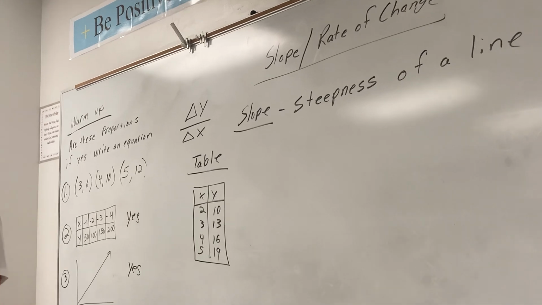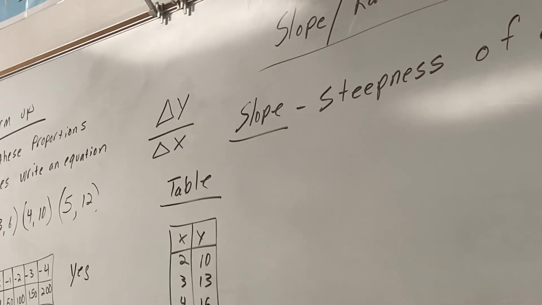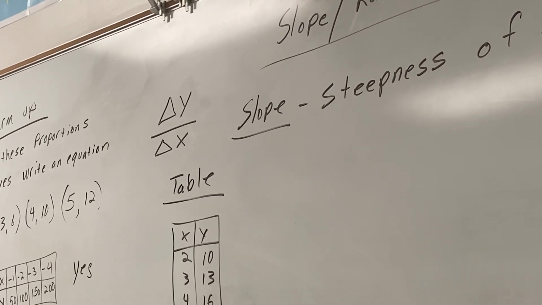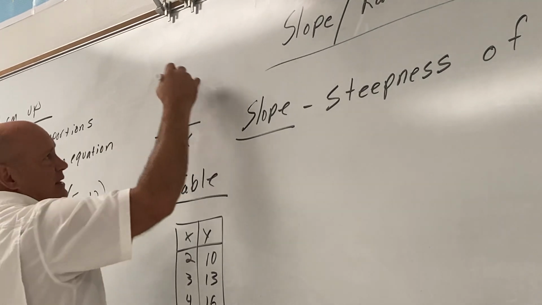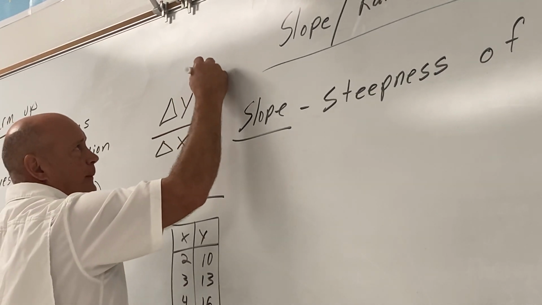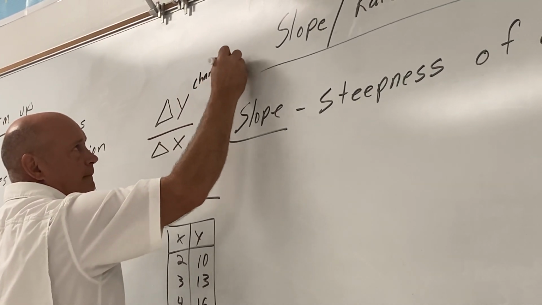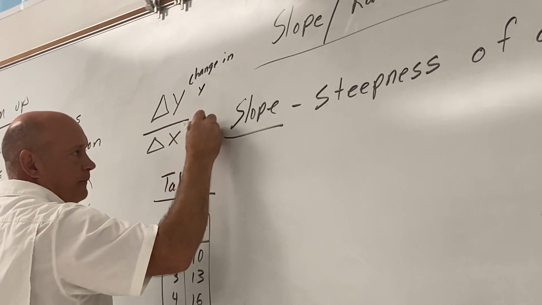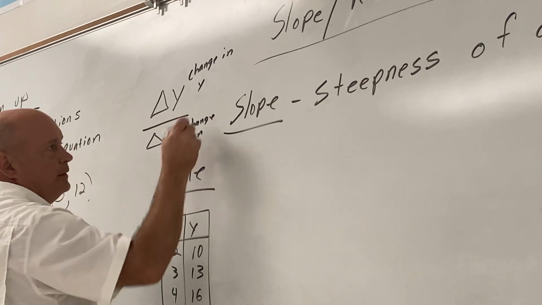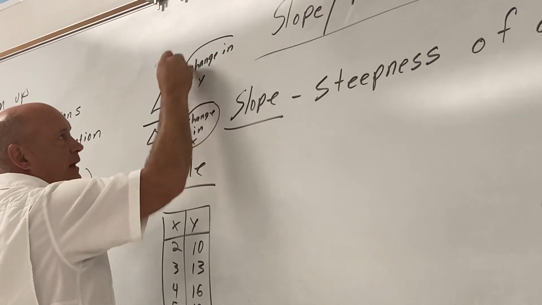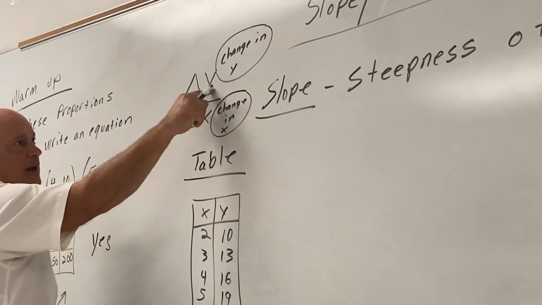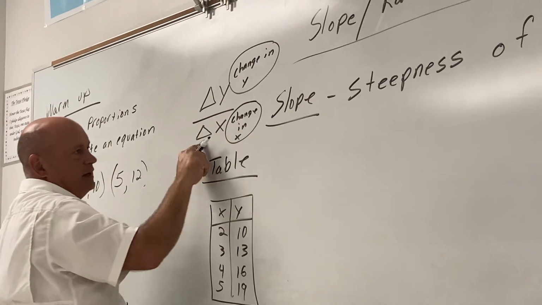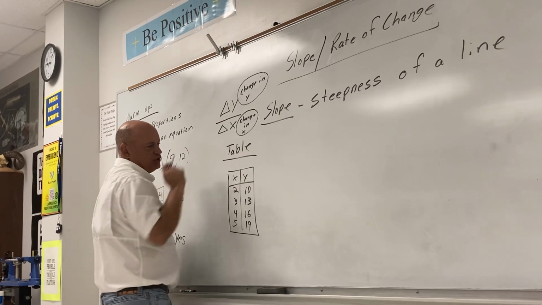That little triangle is the Greek symbol for delta. What it really means is the change in y over the change in x. Delta y means how much of the y is changing. Delta x means how much of the x is changing.